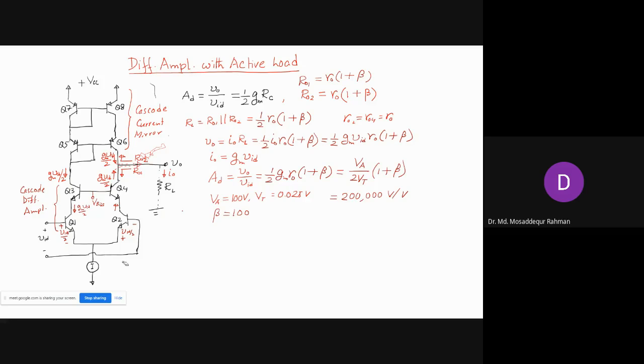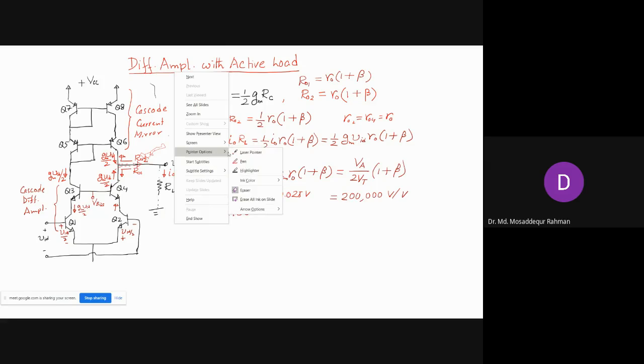So here you have this current mirror circuit, sorry, the current source. So this part you can now replace with the real current source circuit.